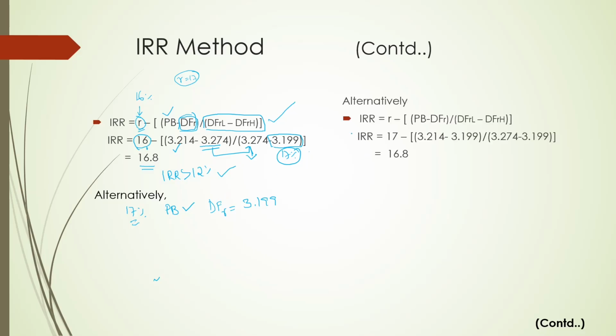See here R 17, PB payback period 3.214 same, DFR 3.199, this was at 17%, right? Then the denominator is the same. If you substitute that, then you get the same value. It means you can use either the lowest interest rate or the highest interest rate. You are going to get the same answer, right? So if you are supposed to calculate IRR, then you can use this method, either the lower interest rate or the higher interest rate.